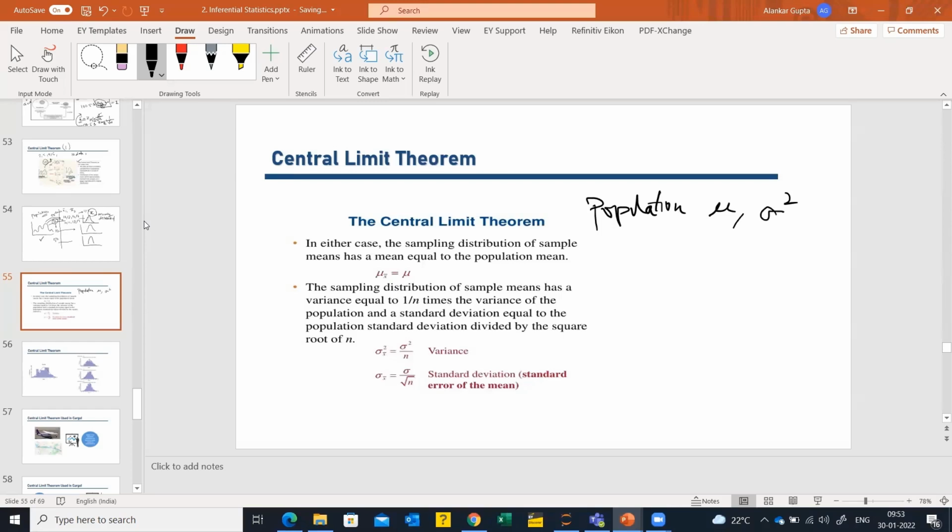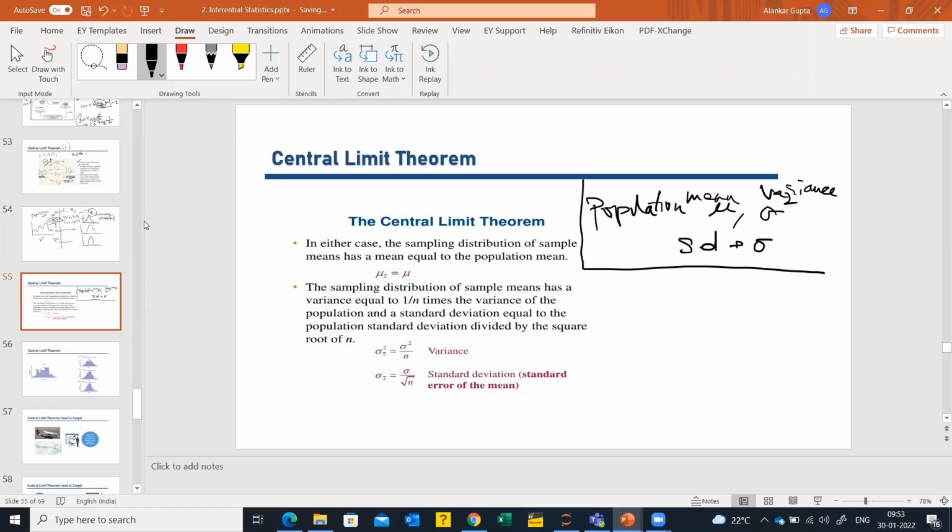This is your mean, this is your variance, and obviously the standard deviation will be sigma. This is for the population. So this is the original distribution where we have mu as the mean and sigma square as the variance.